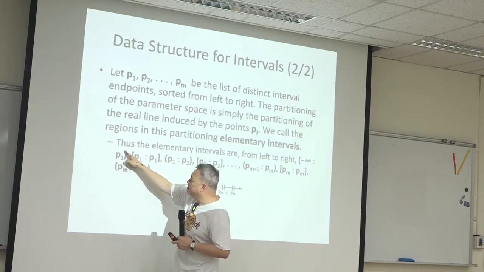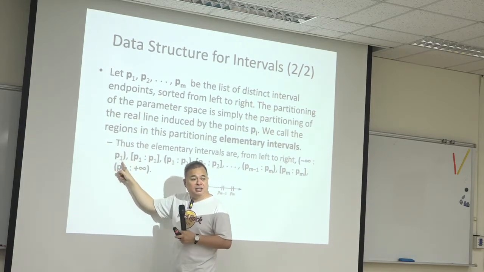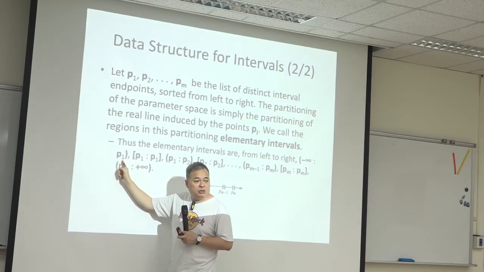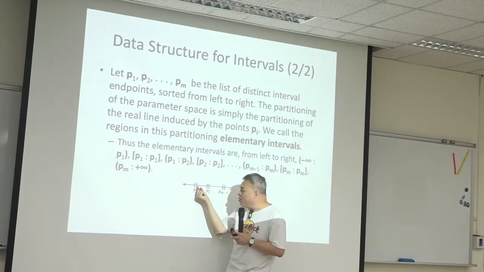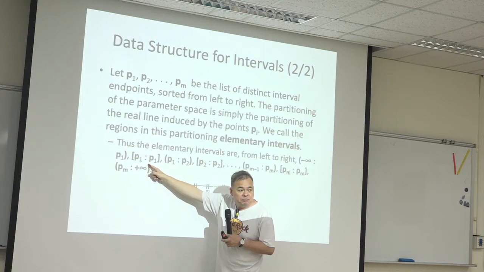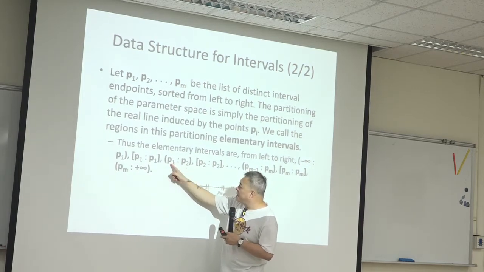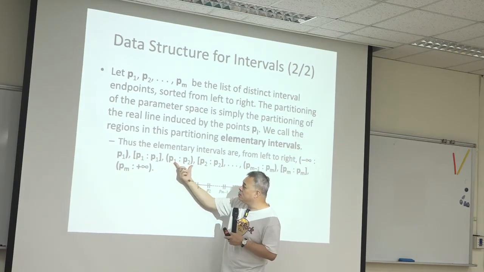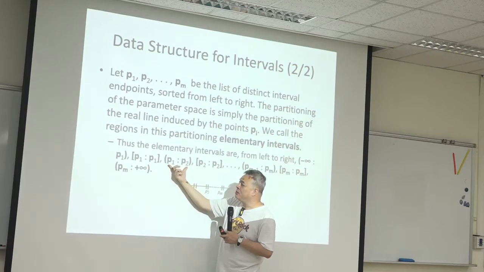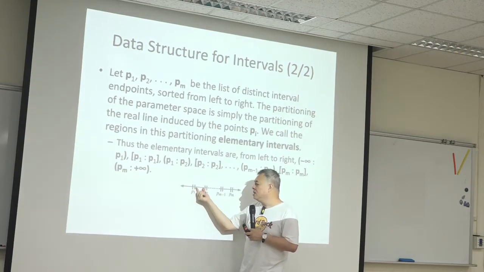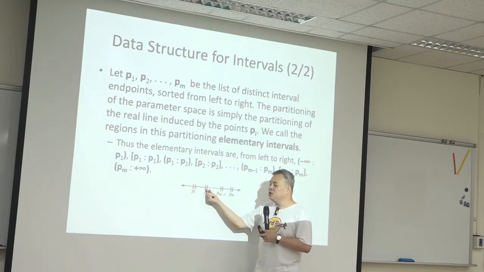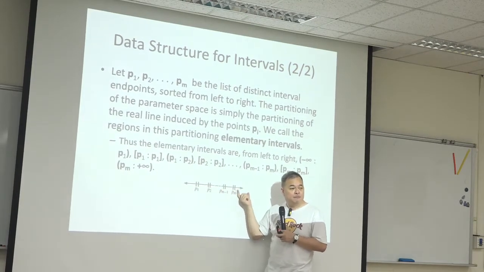This is an open end. P1 is not included in this region. And then P1 by itself, this point is one region. And then from P1 to P2, without including the endpoint of P1 or P2, is another region. And then P2 by itself is a region, and so on.